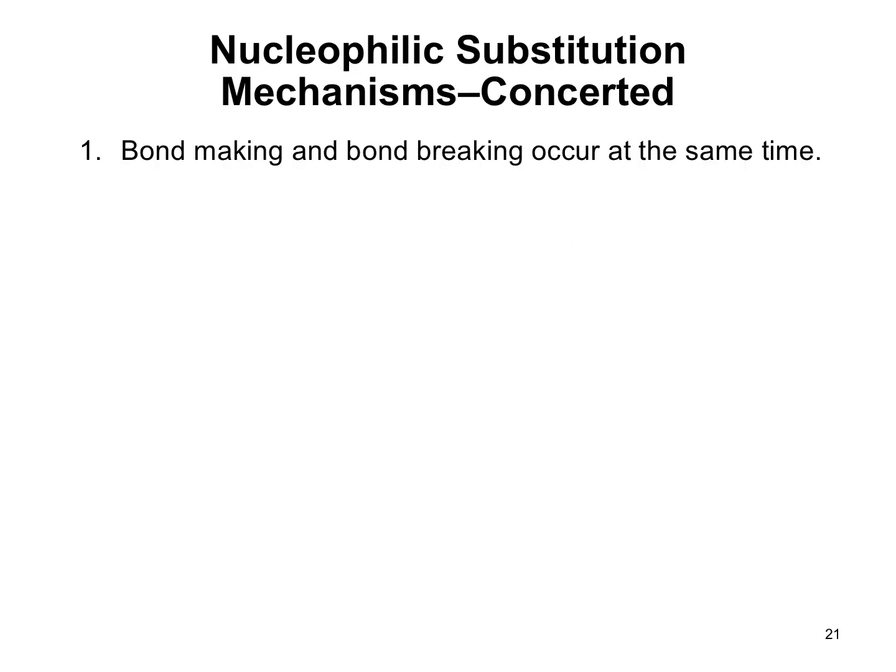The first possibility is that bond making and breaking occur at the same time. This would be an example of a concerted reaction. So for example, if we have our alkyl halide here and our nucleophile, which is going to be negatively charged or neutral with a lone pair of electrons, right?